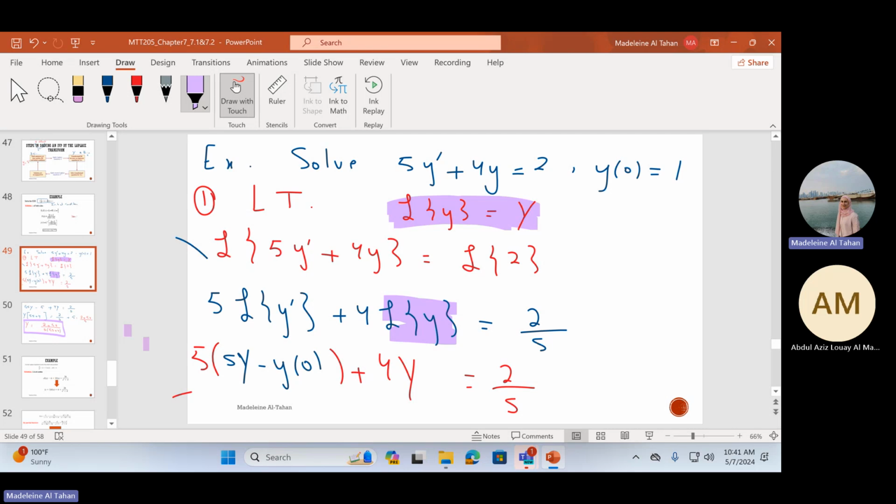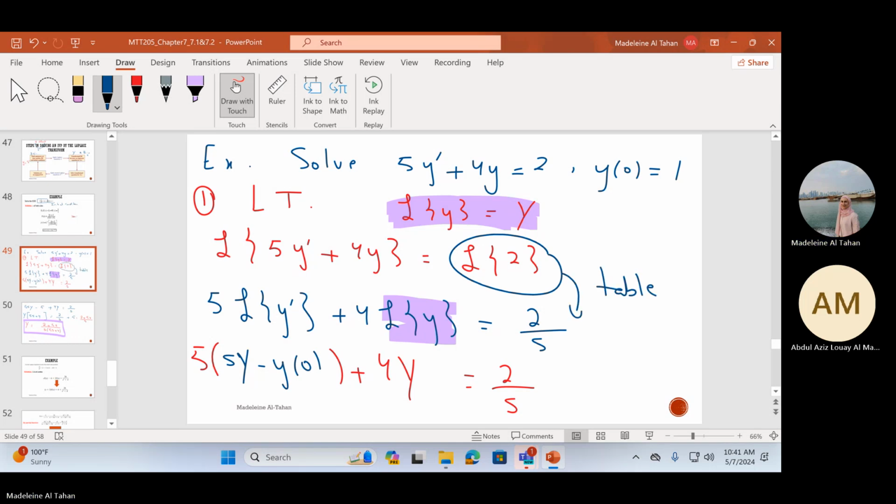We have addition and scalar multiplication, so it will be 5 Laplace of y' plus 4 Laplace of y equals 2 over s. Why 2 over s? This one, from where did we get it? From the table of Laplace.